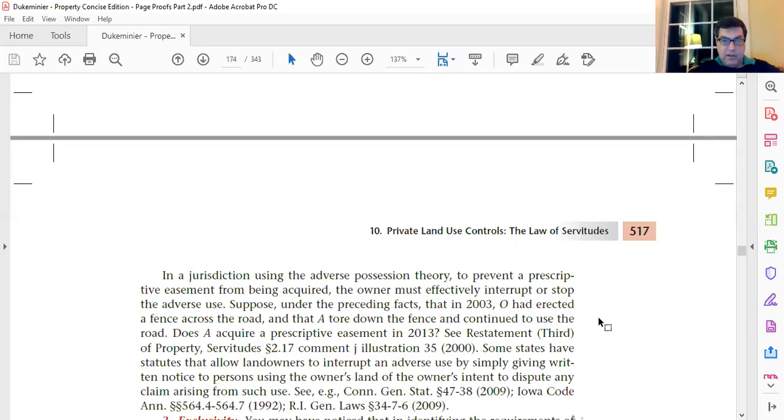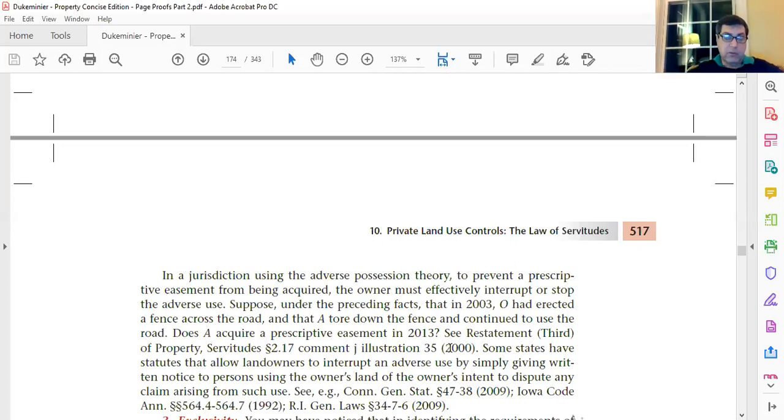And the authors indicate that in a jurisdiction that uses the adverse possession theory to prevent a prescriptive easement from being acquired, the owners must effectively interrupt or stop the adverse use. The Restatement of Servitudes says to be successful, the owner must either cause the adverse user to stop the use, or comply with a statutory procedure that produces an interruption, or bring a legal action that results in establishing the landowner's right to terminate the use.